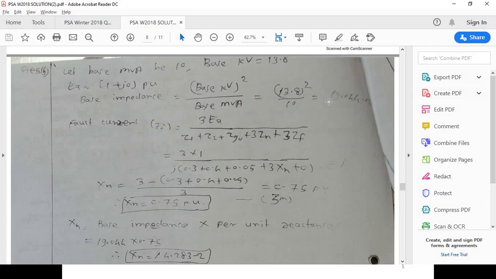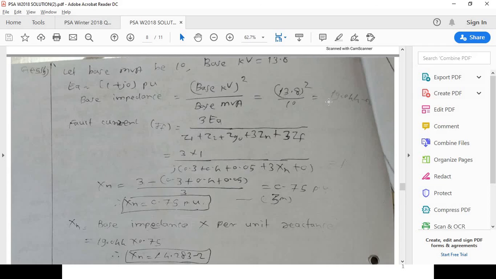Always keep in mind that you can select the base value of power and base value of voltage as per your assumption, but the base value of power remains the same throughout the system in per unit form, whereas the base value of voltage changes as per the transformer ratio.